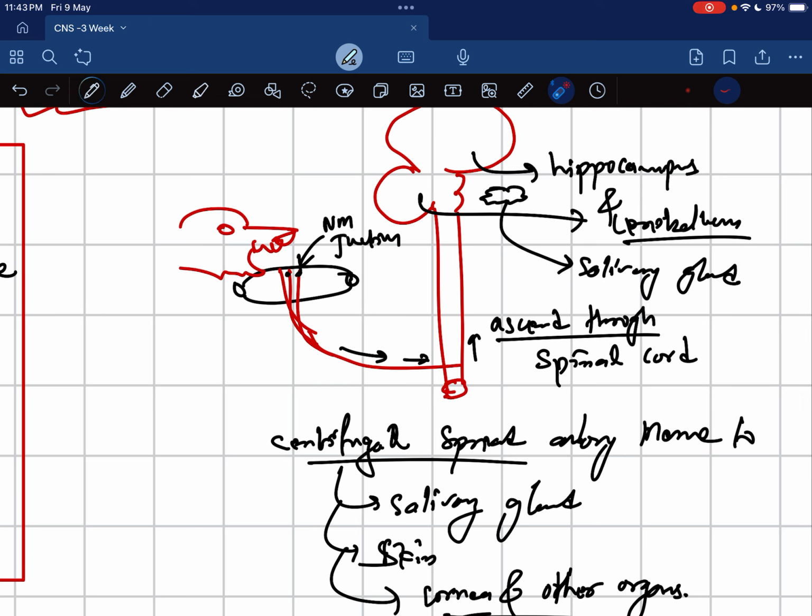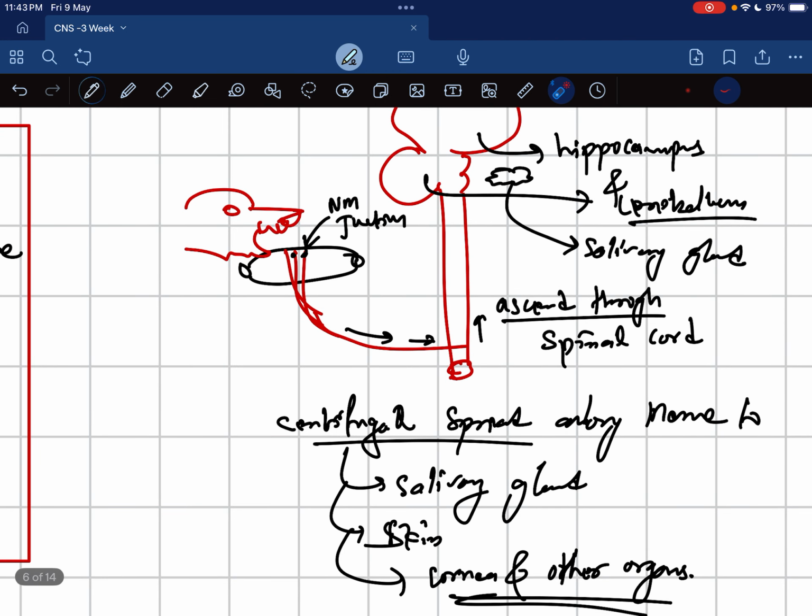The rabies virus spreads centripetally along the peripheral motor nerve by retrograde fast axonal transport.